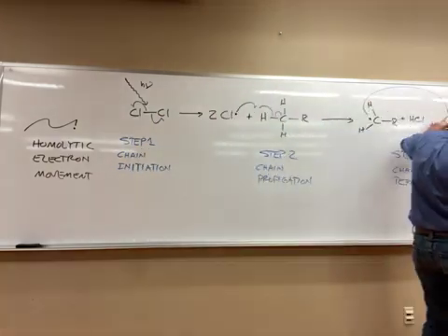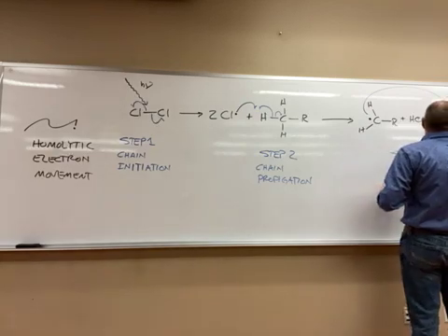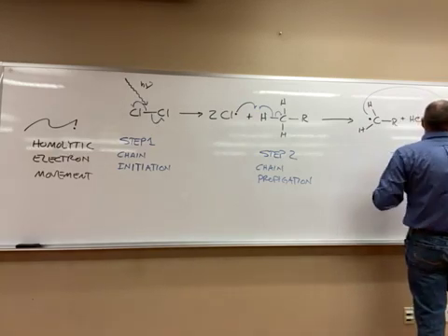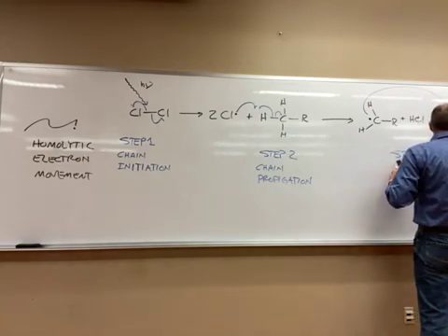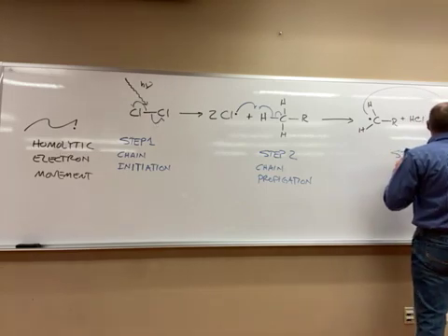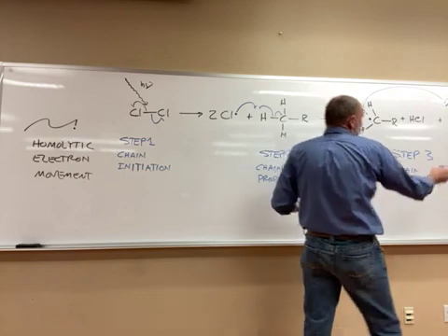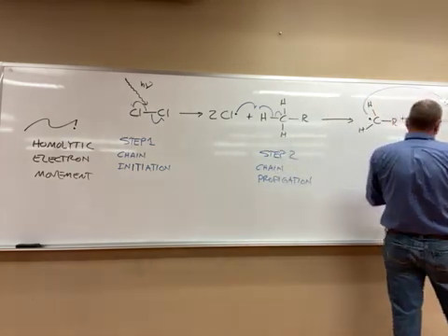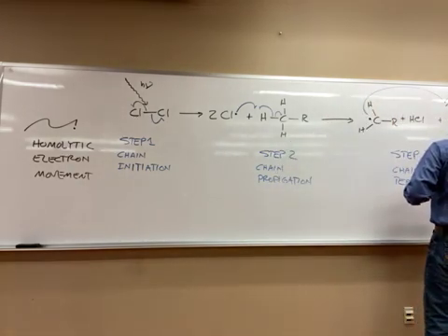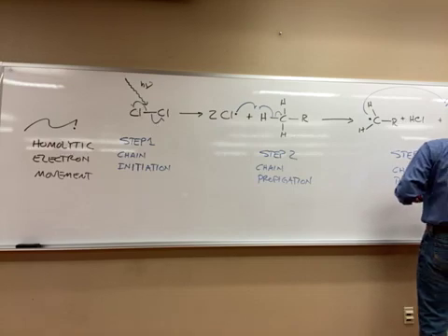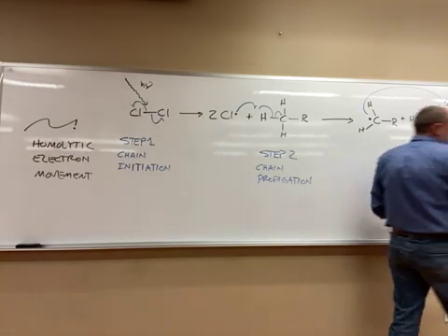But if the radical finds another radical, then we go to termination, and that's ultimately when we end up with one of the products that's possible. Okay? That makes sense?